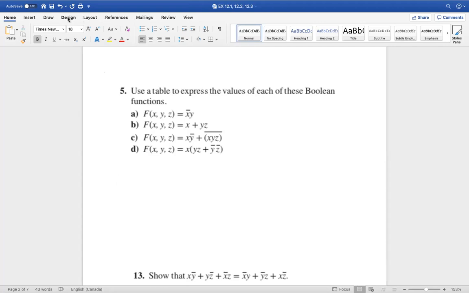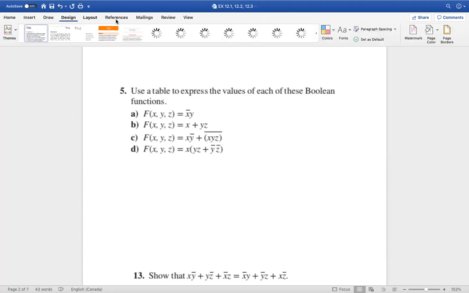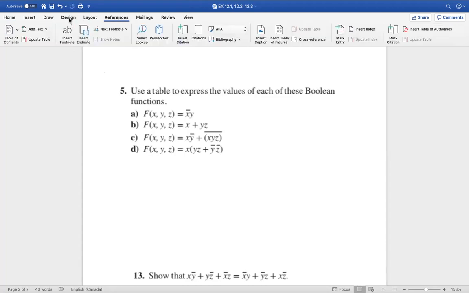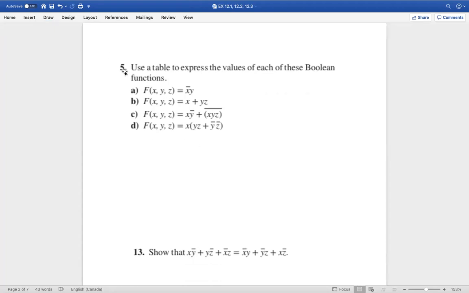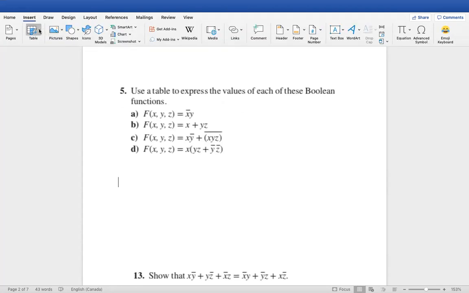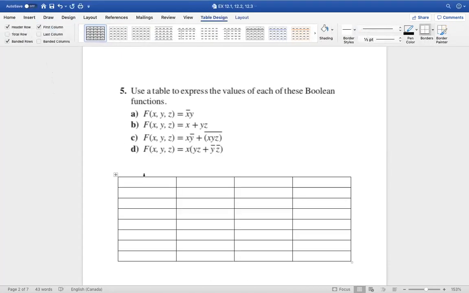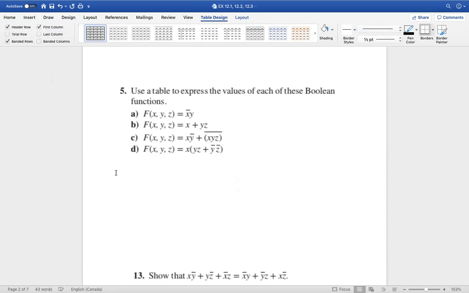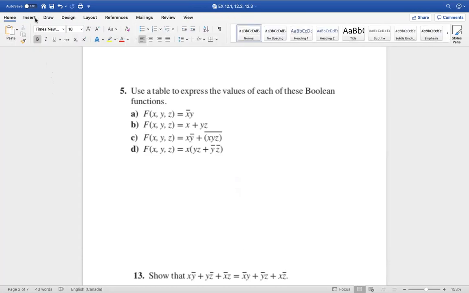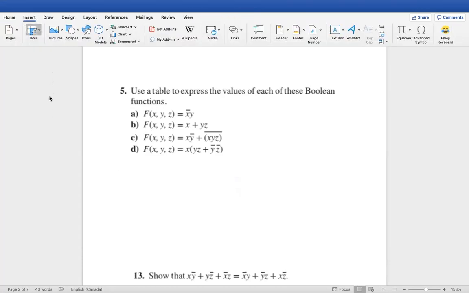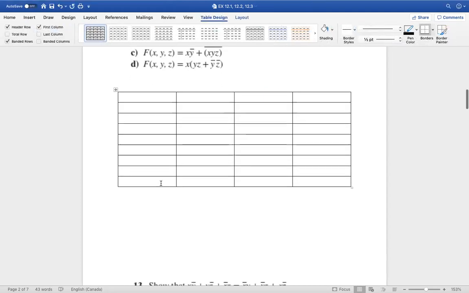Let me insert a table. 4 by 8. Actually it should be 4 by 9, so it will have 4 columns and 9 rows.